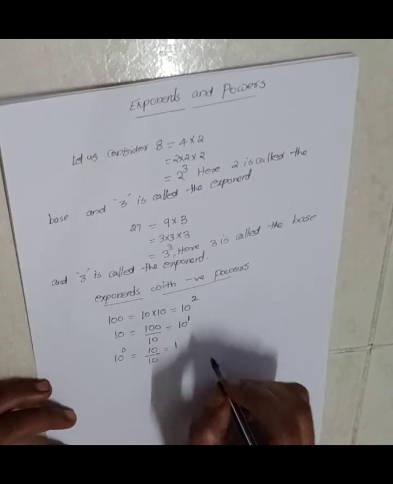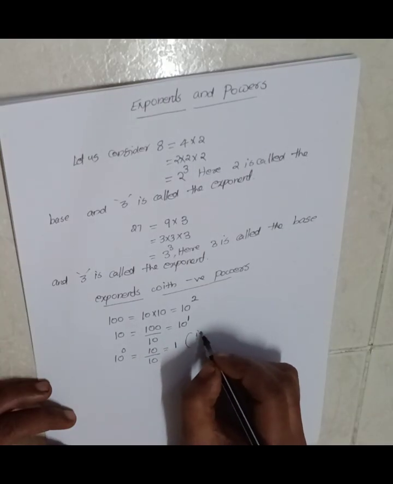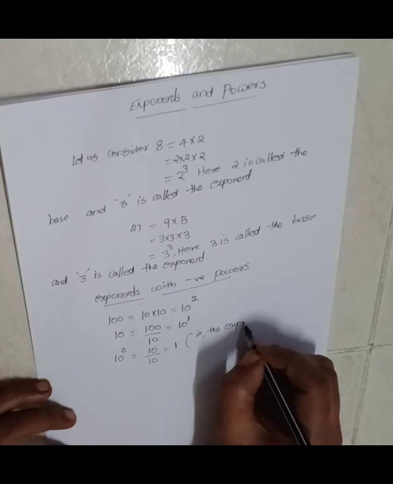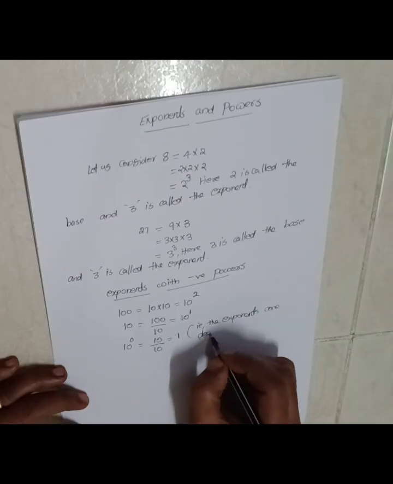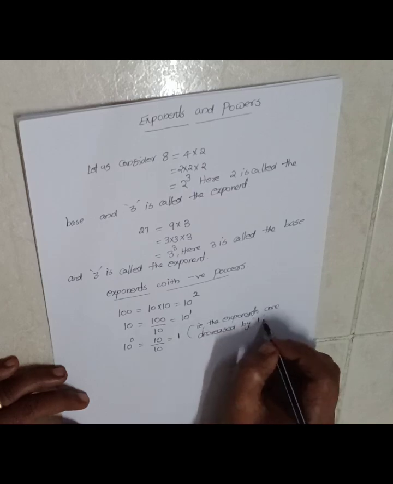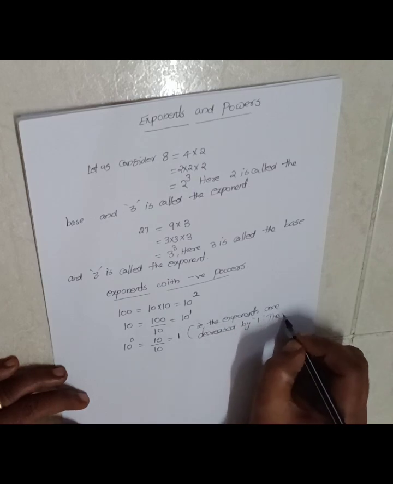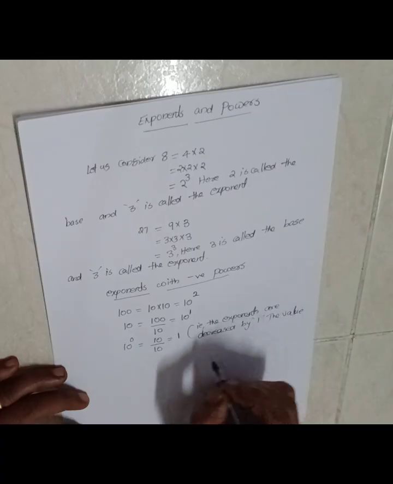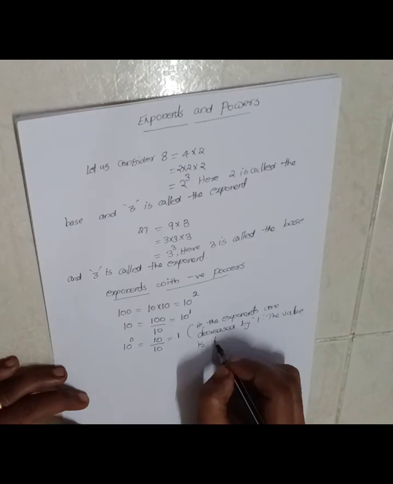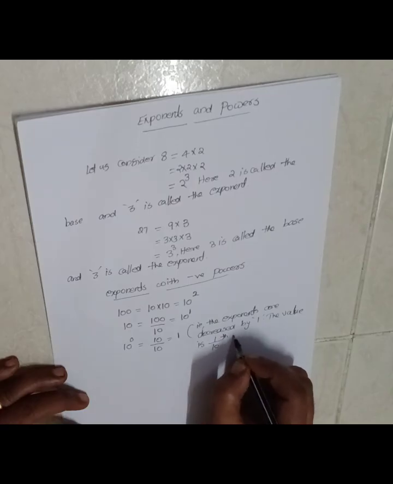That is, here the exponent is decreased by 1. The value is 1 by 10th of the previous value.